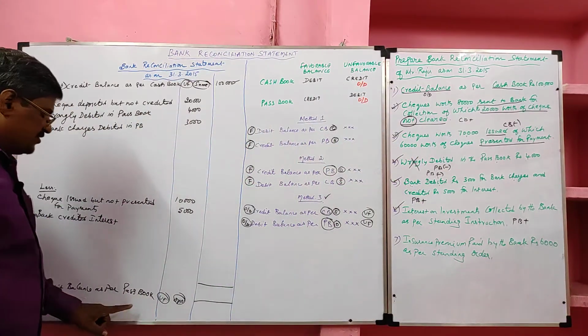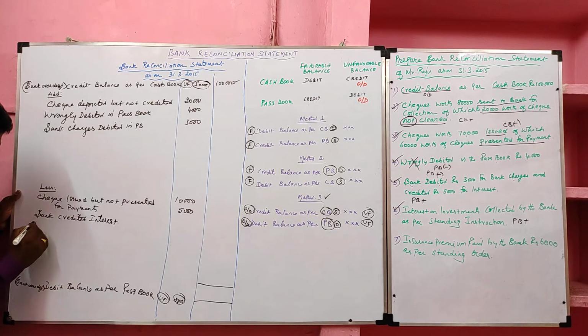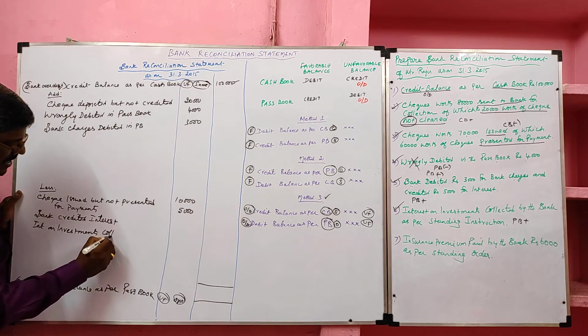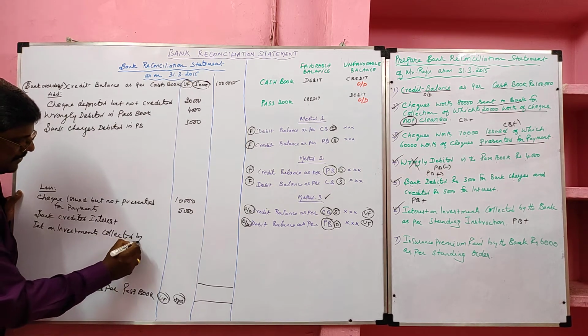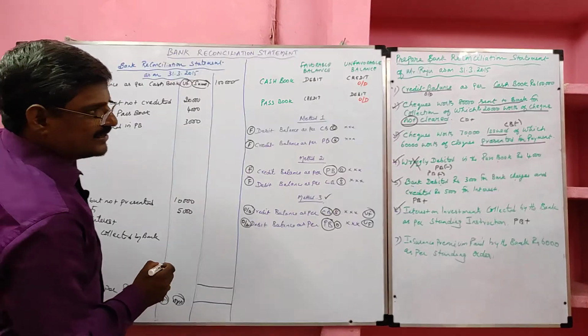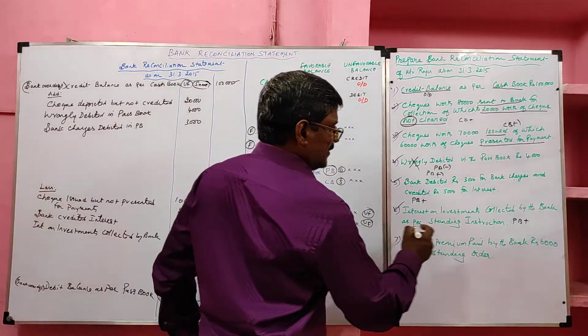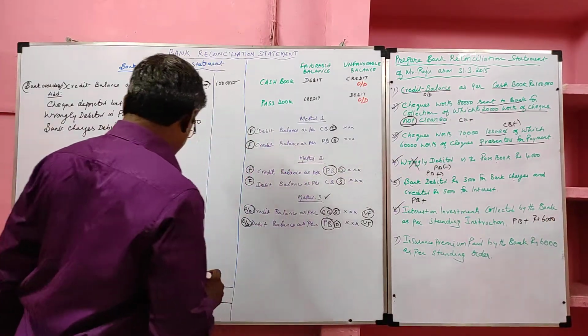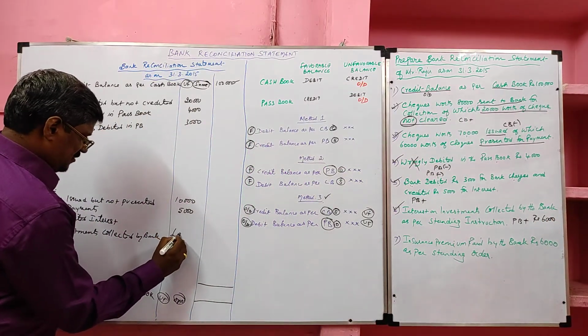Here we should give opposite effect. What are we supposed to do? Deduct interest on investment. The value of the transaction is rupees 6,000.